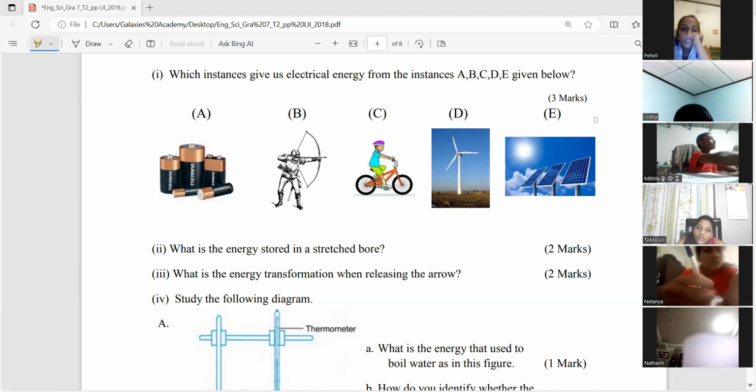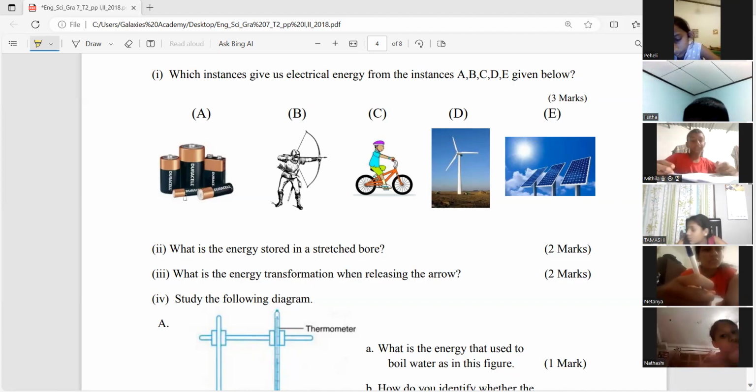There are 5 diagrams given. Using which diagrams can we get the electrical energy? Using the first diagram, can we get electrical energy? Yes, using dry cells we can get electrical energy. So A is a correct one.